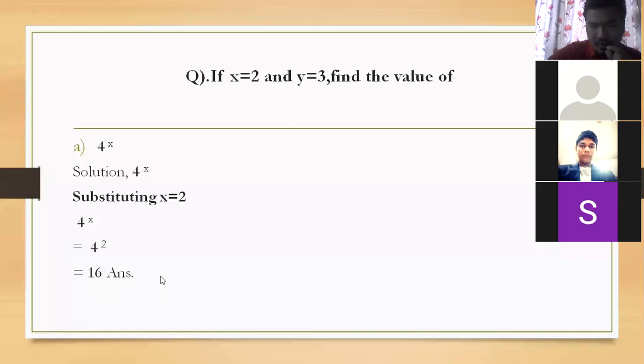Very good. Now I am proceeding to the next question. Can you tell the answer of this one, classwork? 27. Very good, very good. And next one, see this C number, and similarly you can solve the others also.